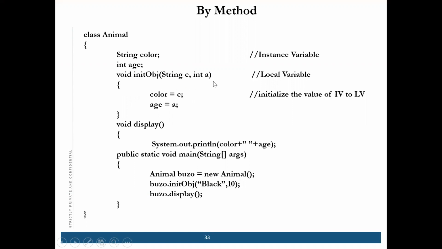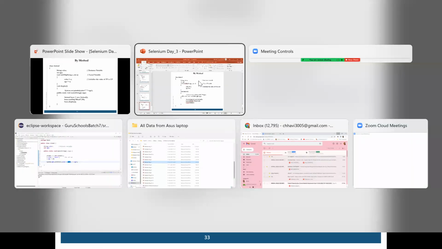No one else can use C and A, nowhere else can we use them. Don't get confused with having two values for the object. Are you trying to give the object two values? That's why you are not able to understand. Object is only here. I will tell you. What does initialization mean?